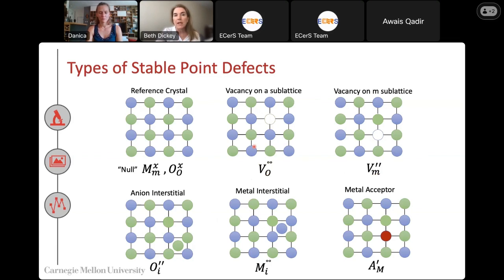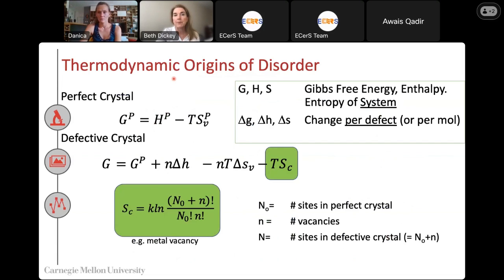Okay, so in general, it costs you energy to form defects relative to the reference crystal. But we have to remember, and we'll go through a little bit of refresher thermodynamics, if we have a perfect crystal and we define the Gibbs free energy of the system, you have your enthalpy and your entropy terms, and this might include things like vibrational entropies of the system.